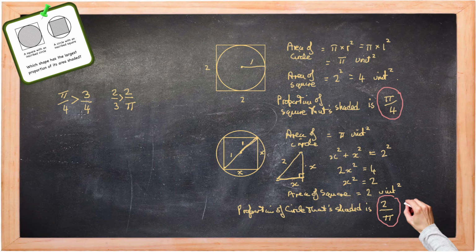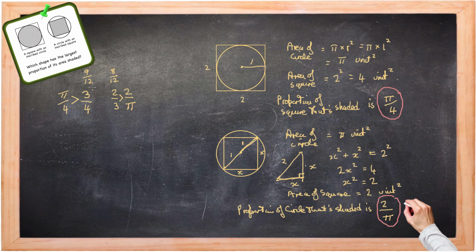And then we're looking at the problem about 3 quarters and 2/3. Which is the bigger of these two? Well, let's change them into 12ths. We can do that by multiplying top and bottom by 3 in the first fraction. That gives us 9/12ths. And multiplying top and bottom by 4 in the second fraction.